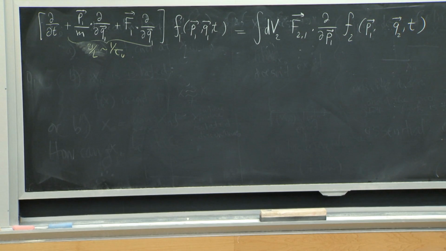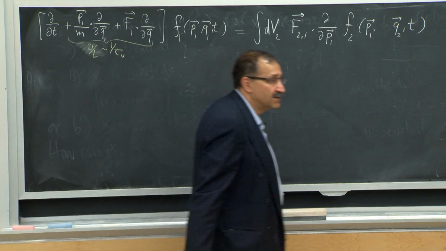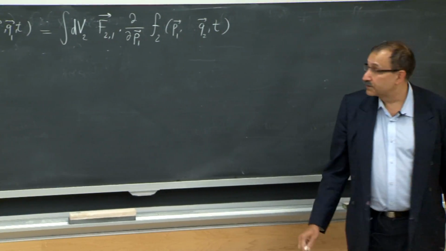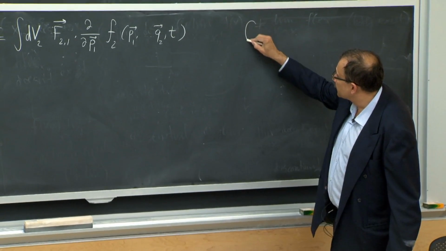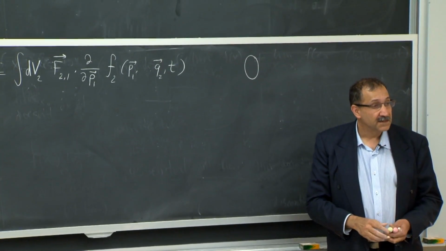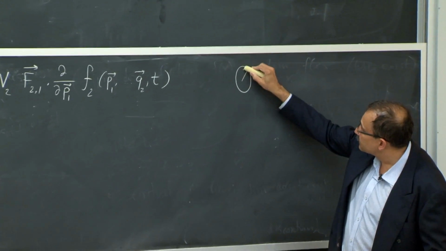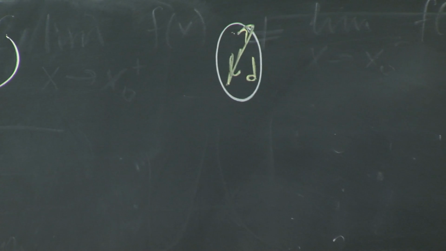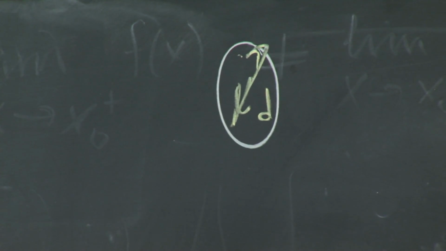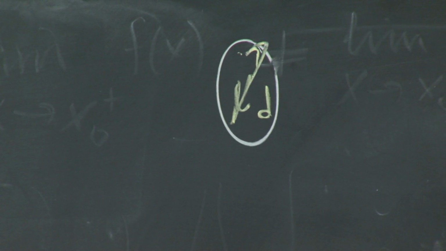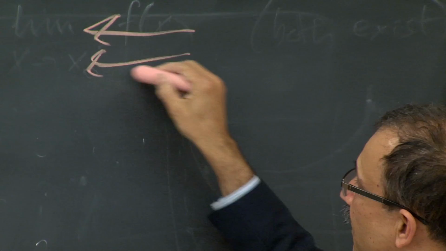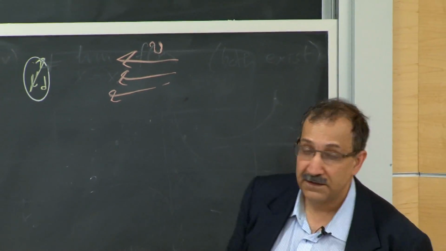OK, fine. Well, how big is the right-hand side? We said that the right-hand side has something to do with collisions. So basically, I have a particle in my system. Let's say that that particle has some characteristic dimension that we call d. OK? And this particle is moving with velocity v, or alternatively, you can think of this particle as being stationary, and all the other particles are coming at it with some velocity v.